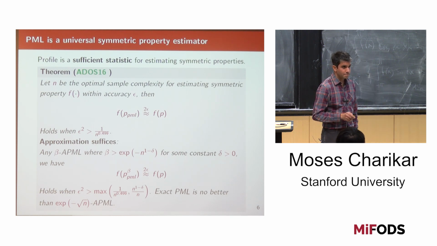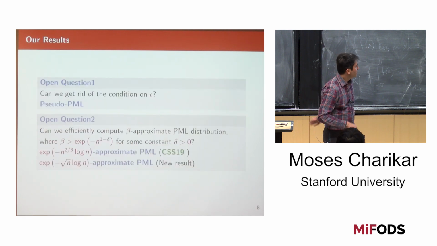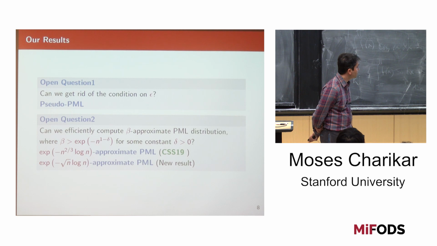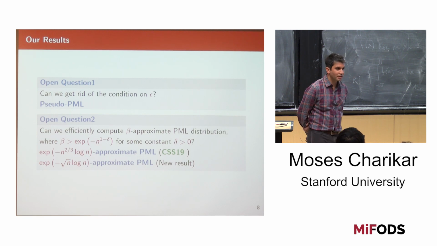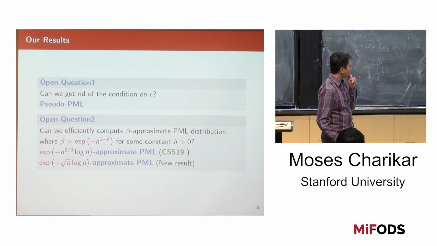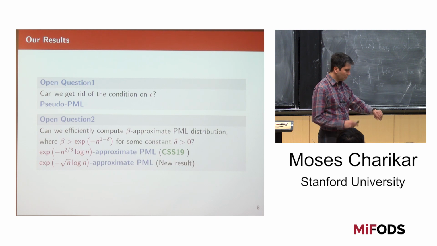Okay. All right. So I want to give you two responses. One is I'll say a little bit about how we might get rid of this condition on epsilon by changing the notion of PML a little bit, and I'll do a very quick first segment of my talk on this. And for the most part, I want to talk about computing an approximate PML distribution.